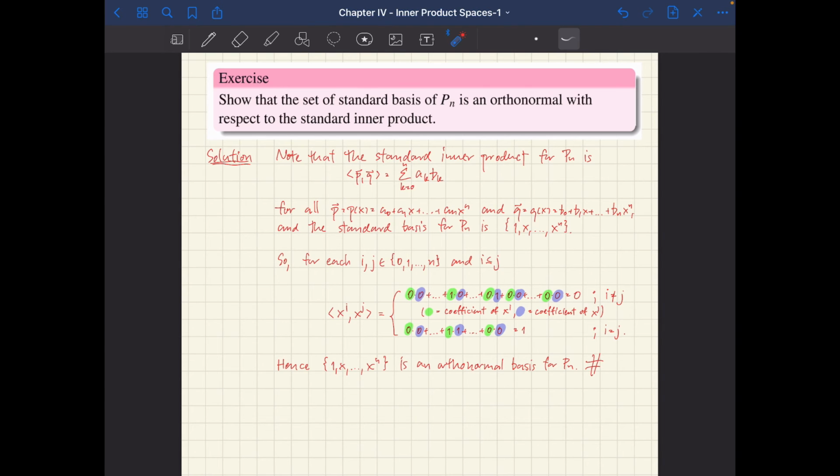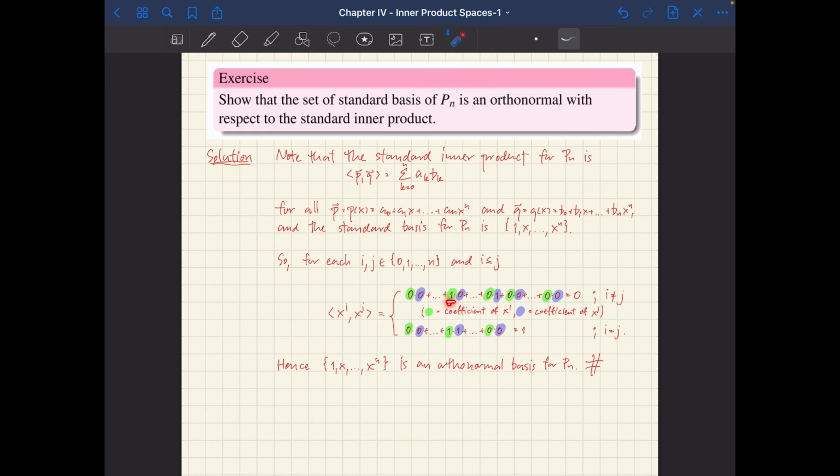So we can see that if we calculate the inner product of x to the power i and x to the power j, if i is not equal to j, the coefficients are not the same.